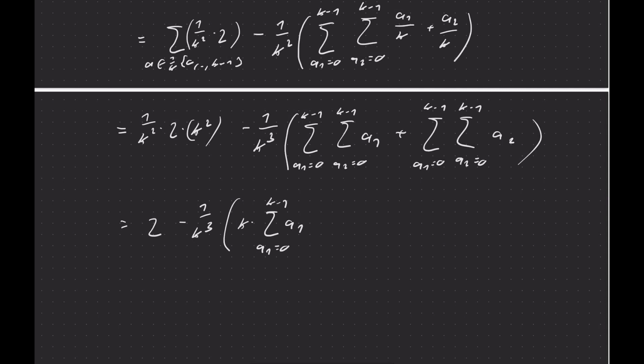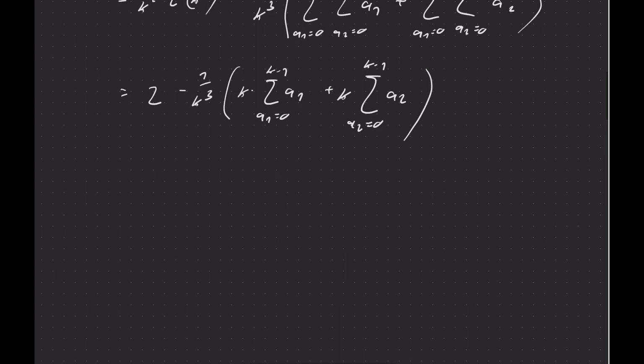And the same argument is true for this sum over the A2s. So in this case, it's the A1 sum that is empty, and in effect, we're just summing over the A2s. Okay? Now, again, let's take out this k here.